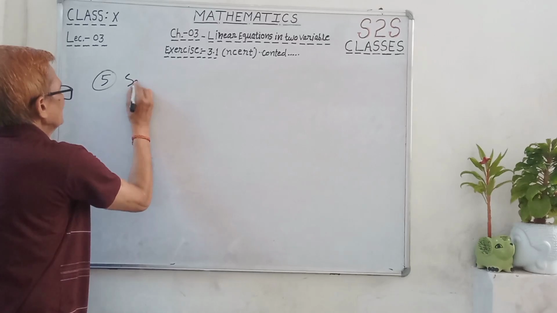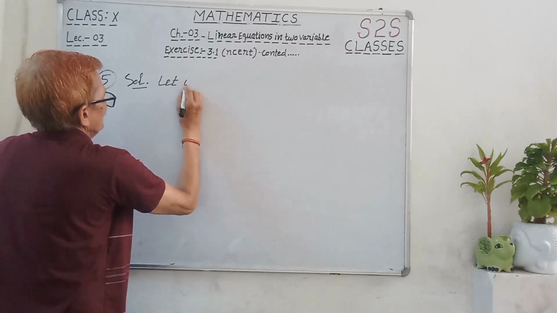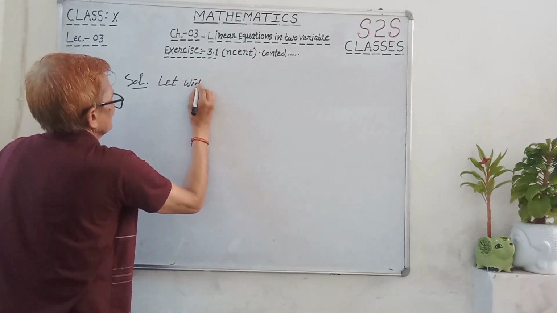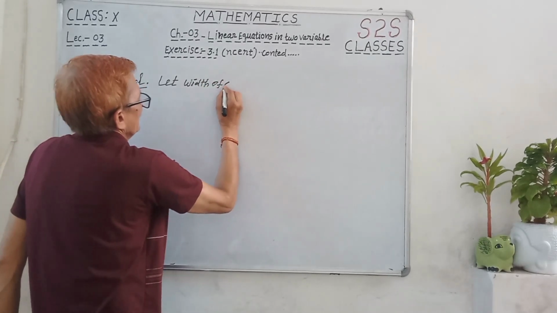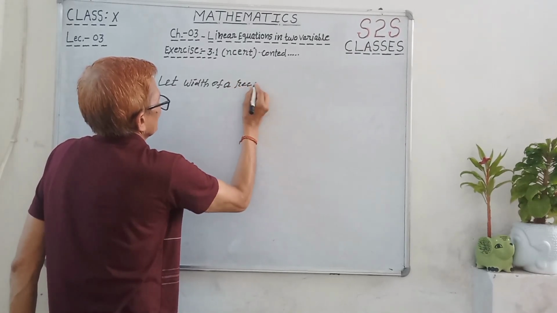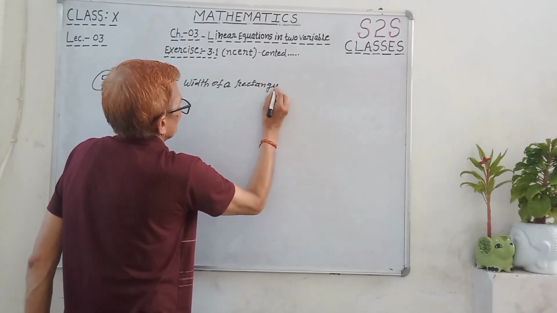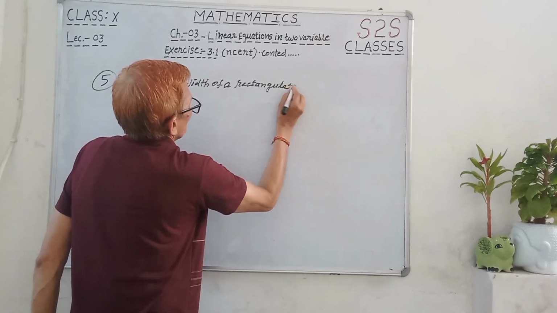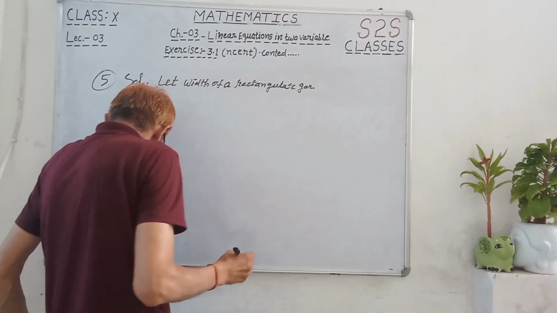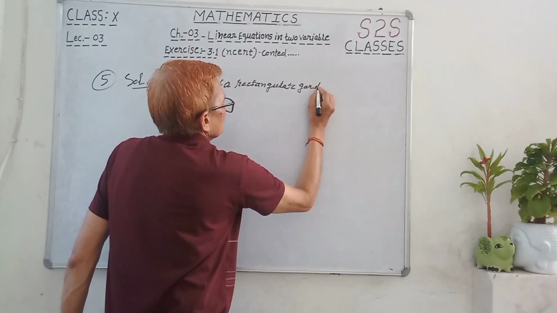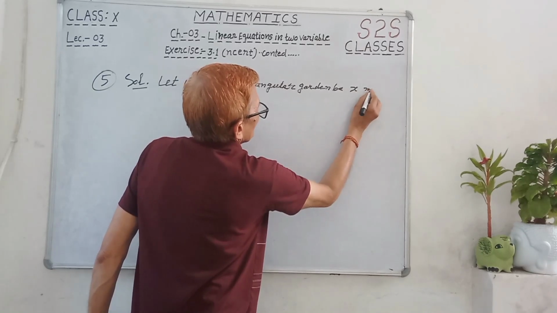So let the width of the rectangular garden be x meter.